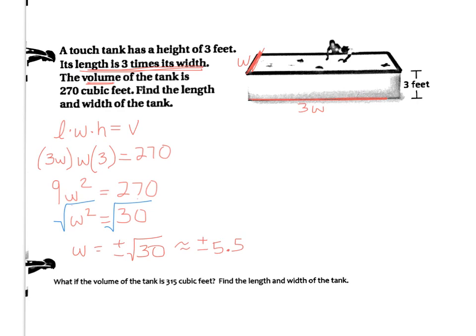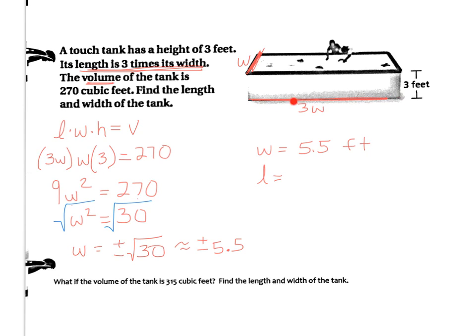So does it make sense for the width to be negative 5.5 feet? No. So the width has to be approximately 5.5 feet. Can't be negative.